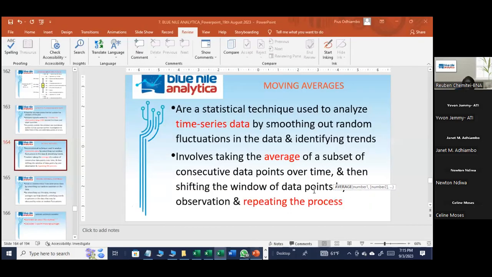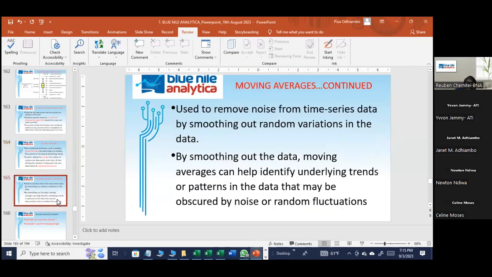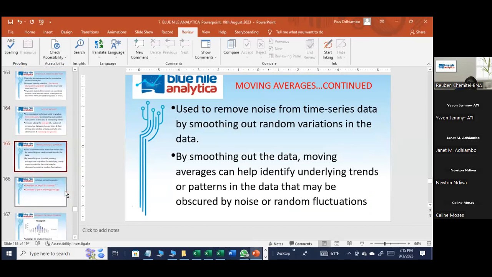So we are saying that you use relative referencing, and you simply put average. You can even put sum, because sometimes it may not be purely the average. Sometimes we talk about removing noise from the data by getting the averages as you go along, and you can identify trends or patterns in the data, which you may not be able to see from the actual values.